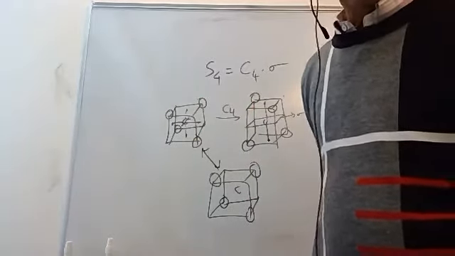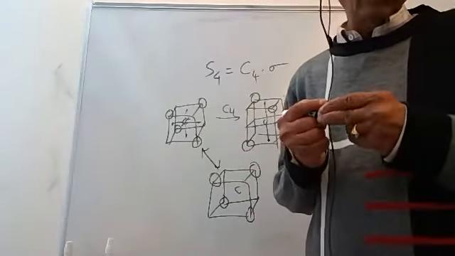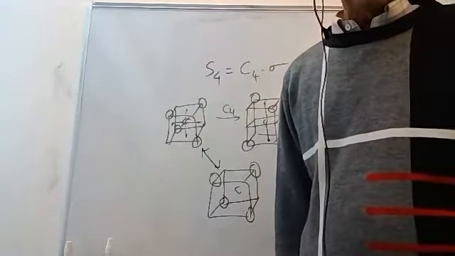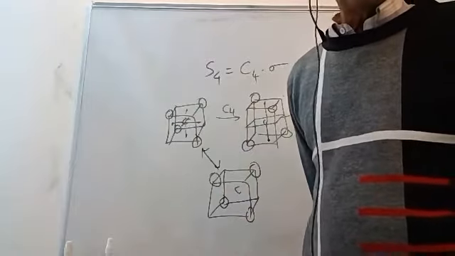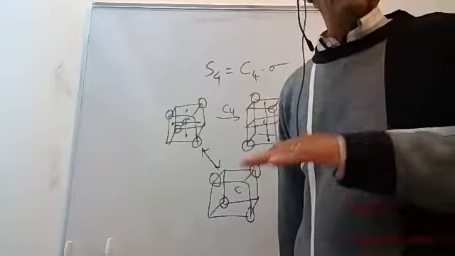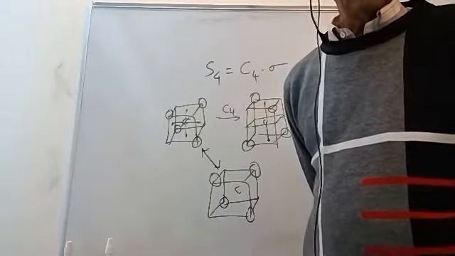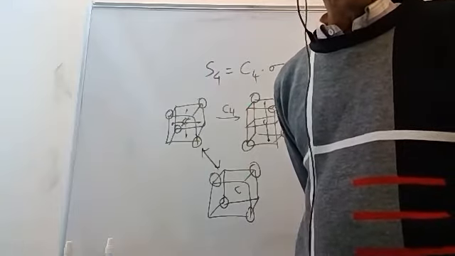So typically, if you assume carbon to be the origin, and if you draw a Cartesian axis X, Y, and Z with respect to the carbon atom, those 3 axes, X, Y, and Z, are collinear with the C2, which is also collinear with the S4. Am I making sense?